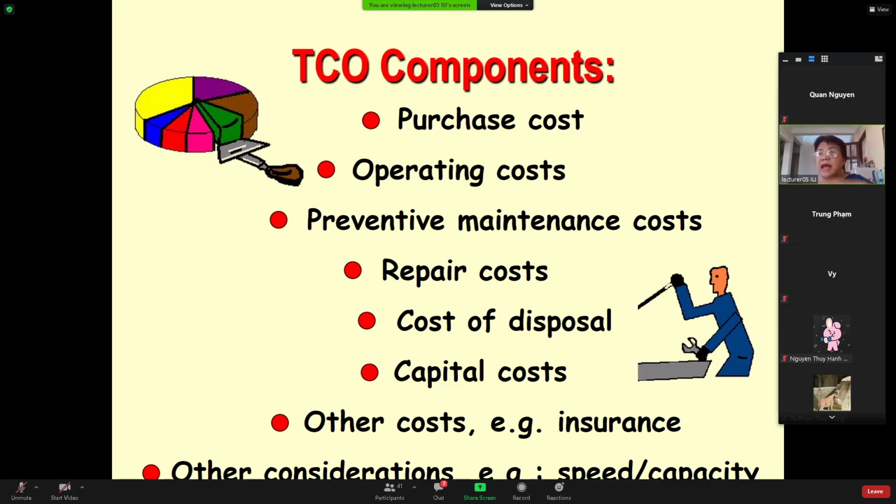So as a buyer, when you buy goods or services, you have to think about the total cost of ownership, because that is what your company will pay at the end of the day.